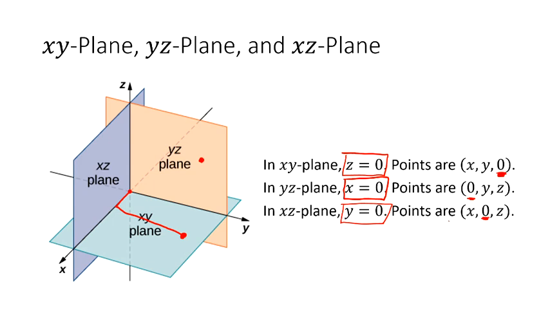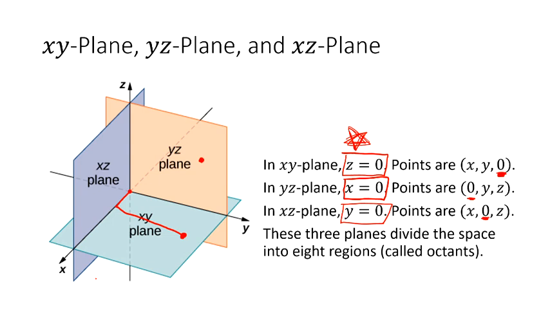Okay, so those are some basic equations you should know. Now when we say one variable equals to 0 or one variable equals to a number, we're talking about these kinds of planes. They could be vertical or they could be horizontal, right? It depends on what variable we're talking about.